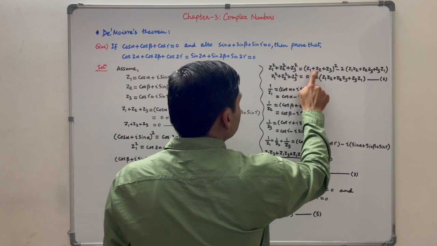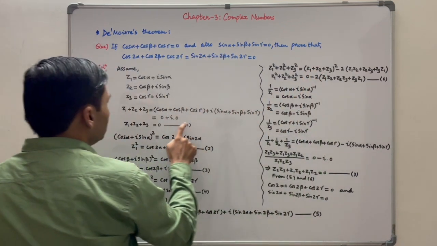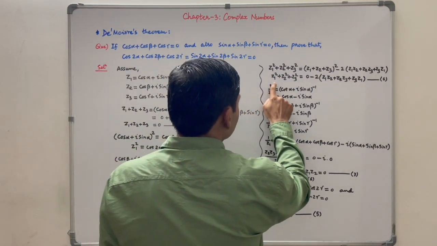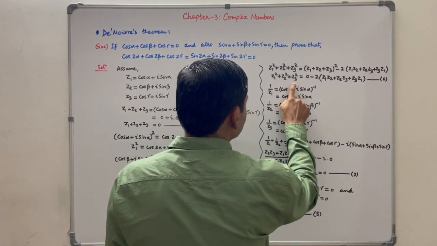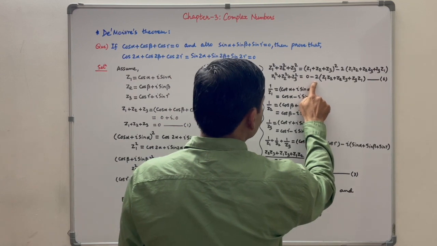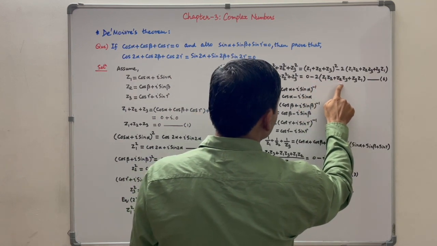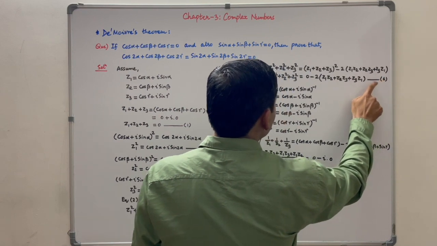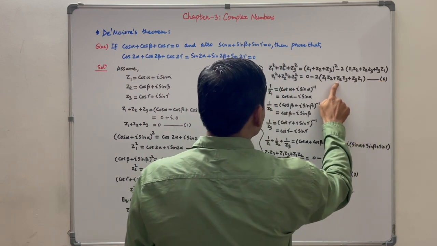The value of z1 plus z2 plus z3 is equal to 0 from equation number 1. So z1 square plus z2 square plus z3 square is equal to minus 2 into z1 z2 plus z2 z3 plus z3 z1. This is equation number 6. We will find out the value of this.